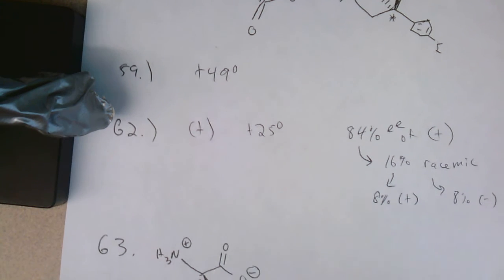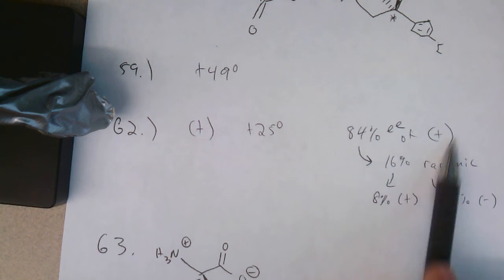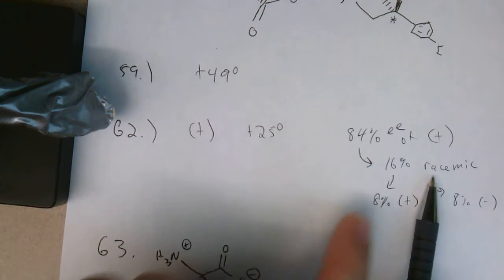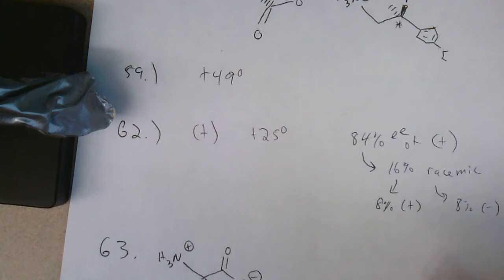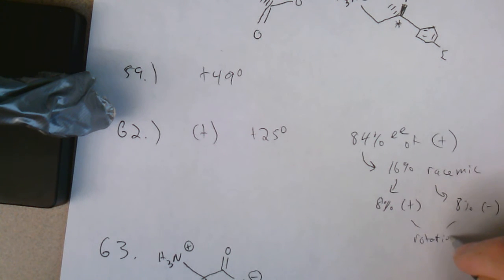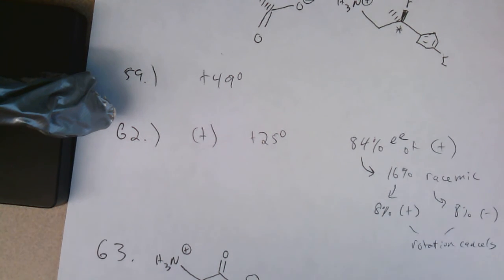The part that's not in excess is racemic, meaning they cancel each other out. So only this excess is what's going to rotate the light, right? The minus will rotate it this way, the plus will rotate it this way, and together they cancel each other out. So their rotation cancels.